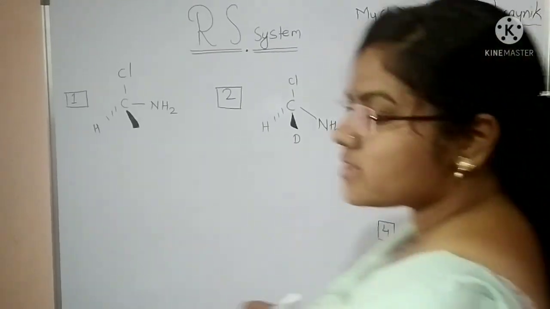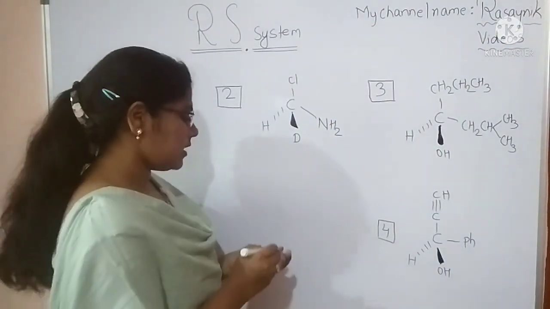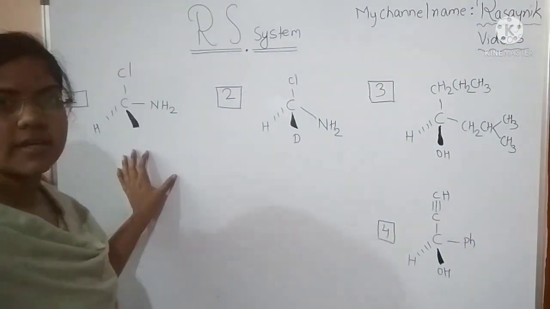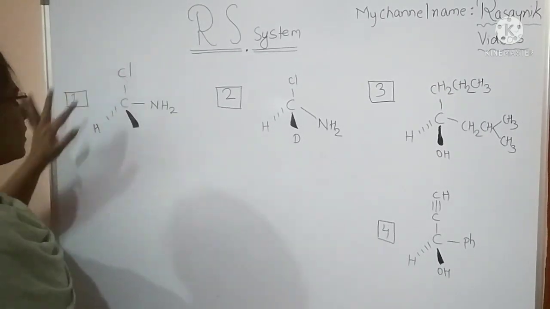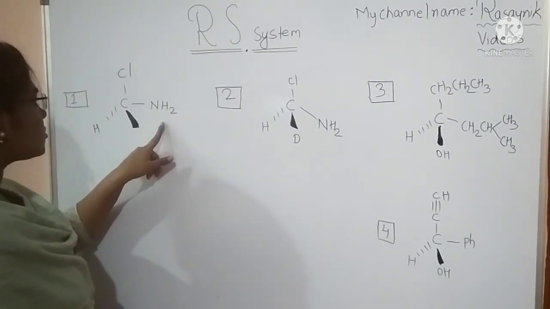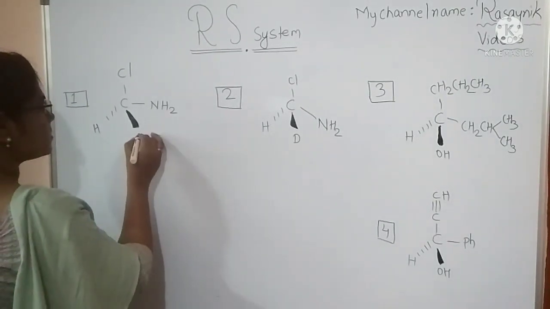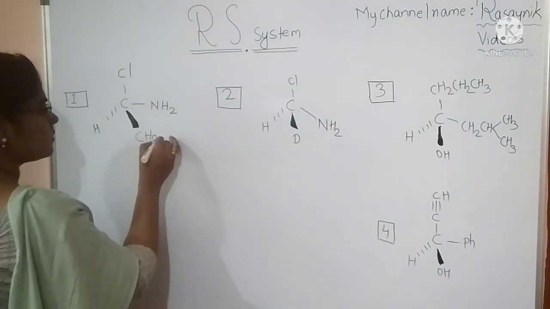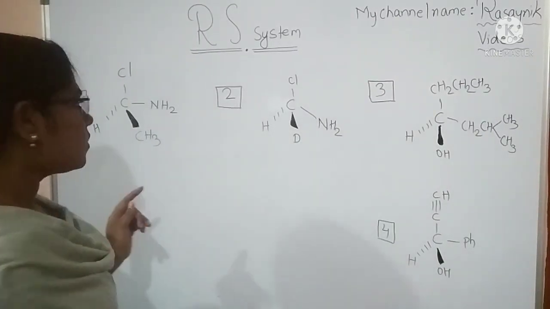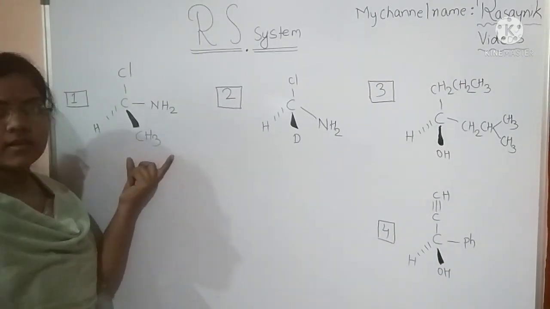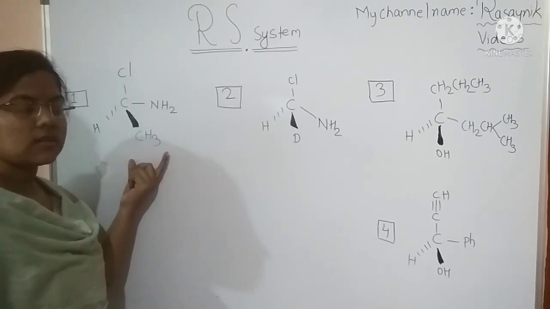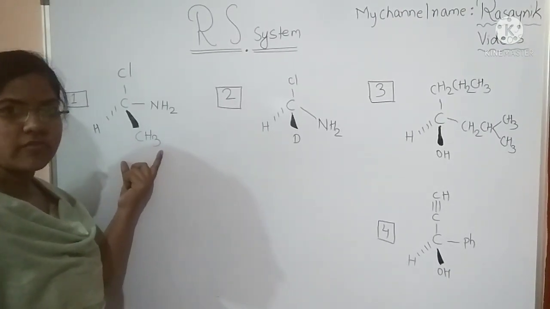Here are some examples we have taken. The first example is C, Cl, H, NH2 and the group CH3. How can we calculate the R or S configuration?